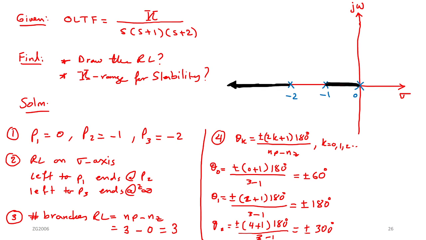Yes. Now, plus 300 degrees is the same as minus 60. And minus 300 is the same as plus 60.